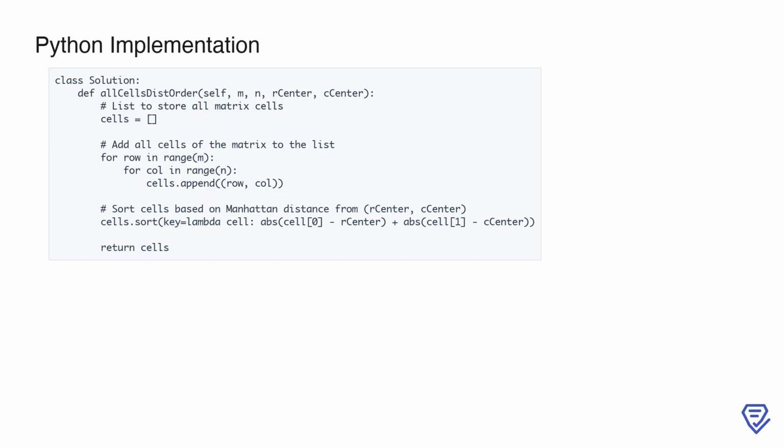The sorting key is calculated as abs(cell[0] - rCenter) + abs(cell[1] - cCenter), which is the formula for Manhattan distance. 4. Return the sorted list. After sorting, the ordered list of cells is returned. This approach ensures correctness and simplicity by leveraging Python's built-in sorting capabilities. The sorting step is efficient with a time complexity of O(m*n log m*n).